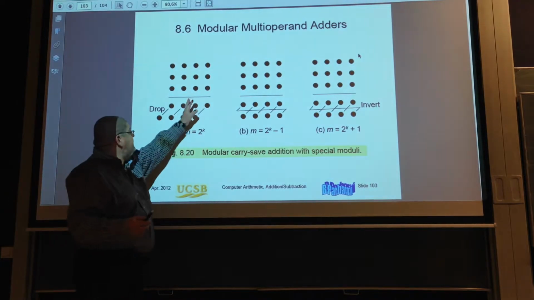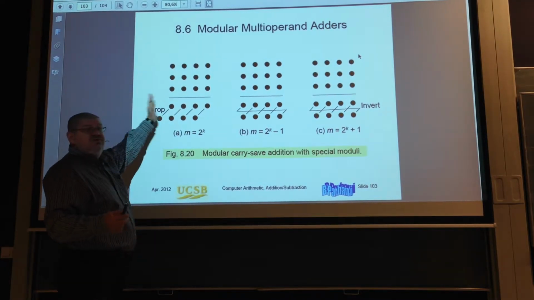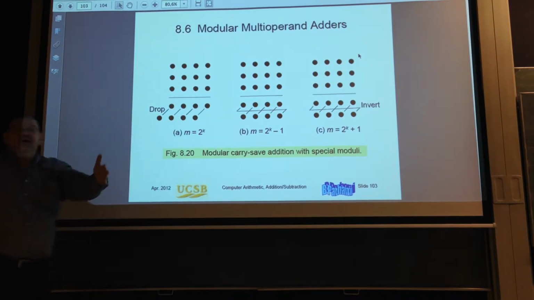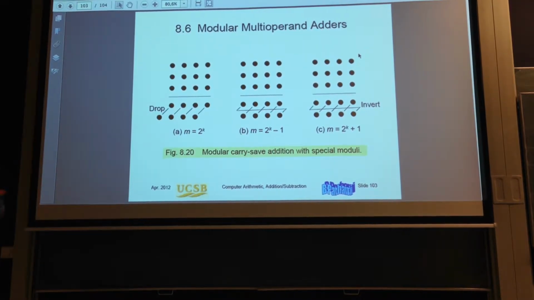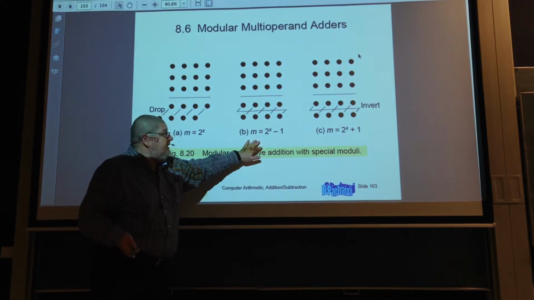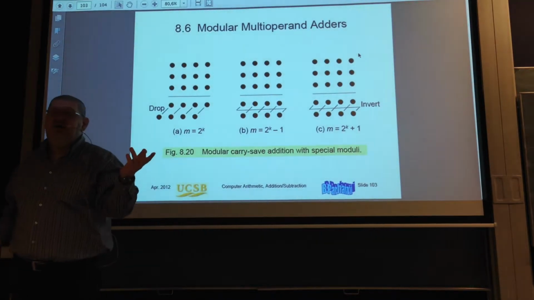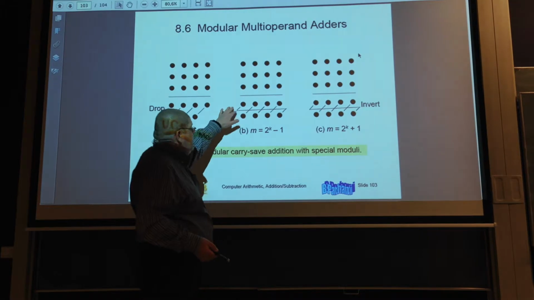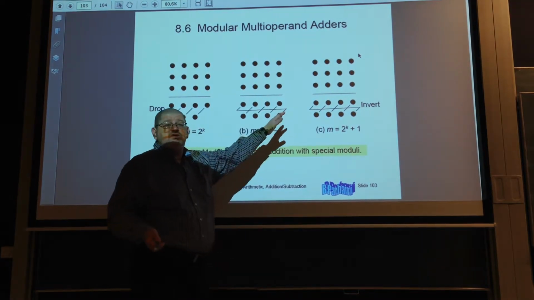You apply full adders, and whatever is going out of your domain, you just drop it. You would have done the same for a normal modular adder. If you do 2 to the power k minus 1, what you would have done is end-around carry. Then if there is a carry, you just inject it in the first position.